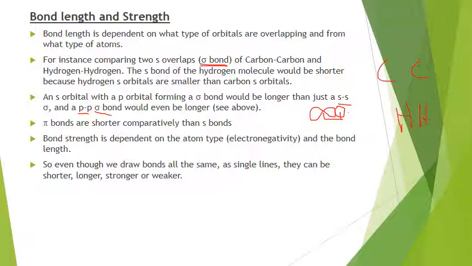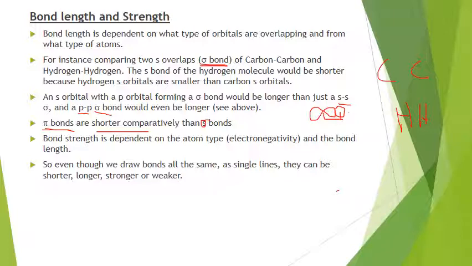Now, shorter doesn't always mean stronger, especially when you get to pi bonds. Pi bonds are shorter than sigma bonds, but remember, they're weaker because there's no internuclear interaction. Bond strength is also dependent on types of atoms.